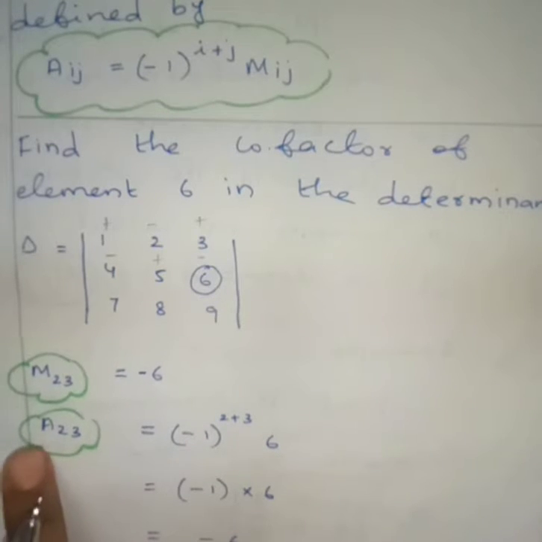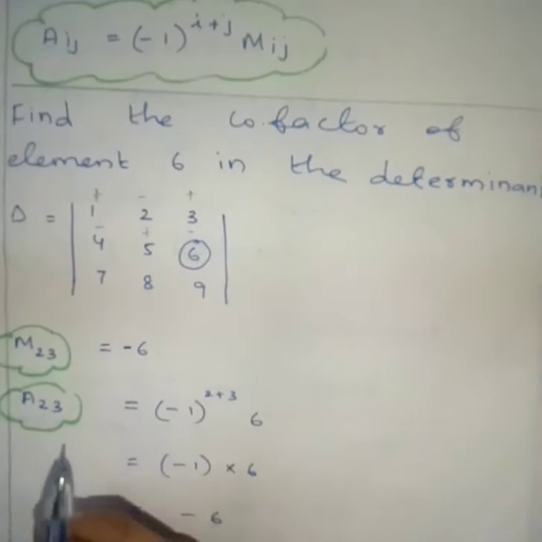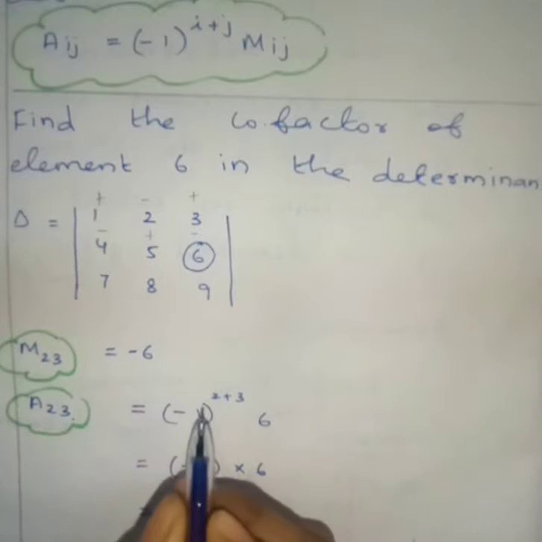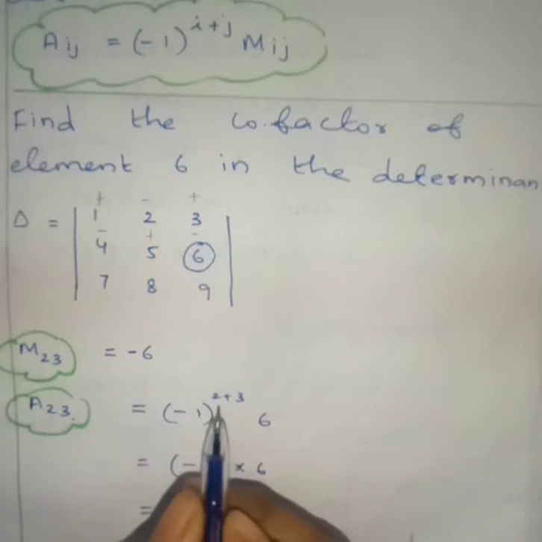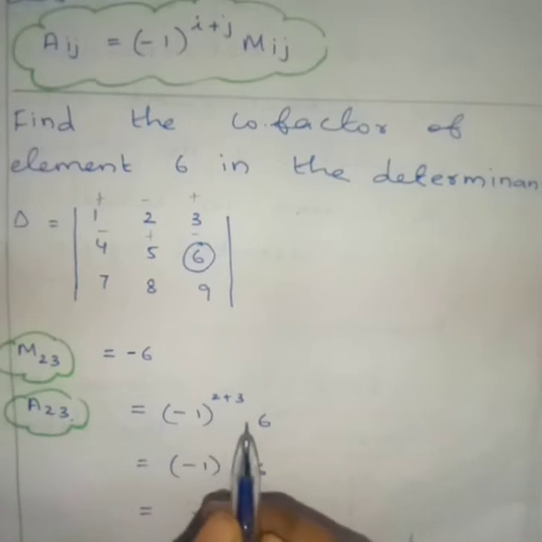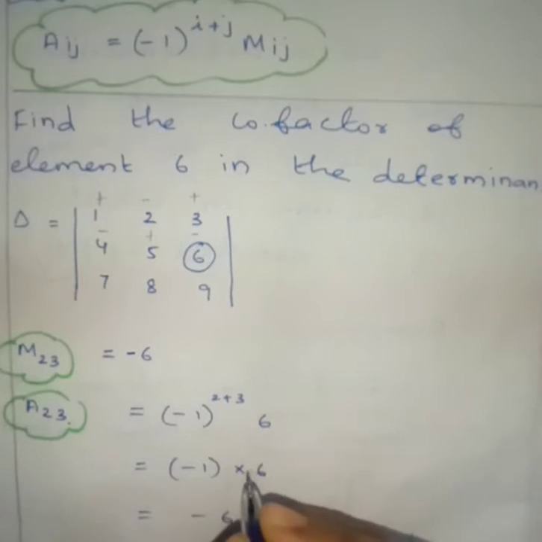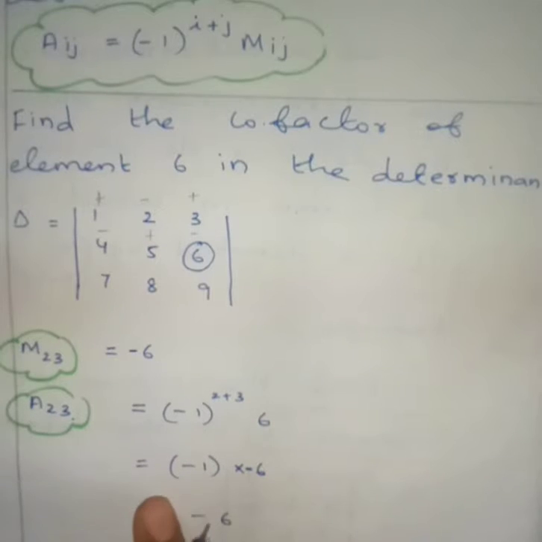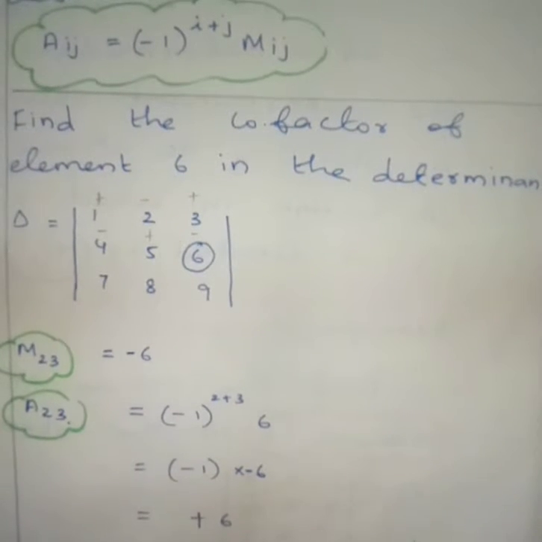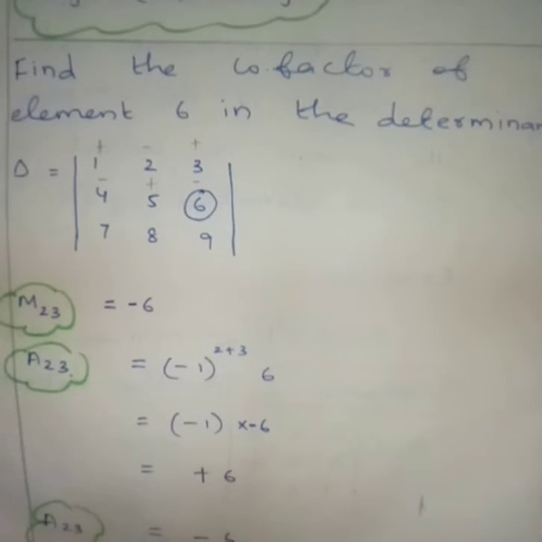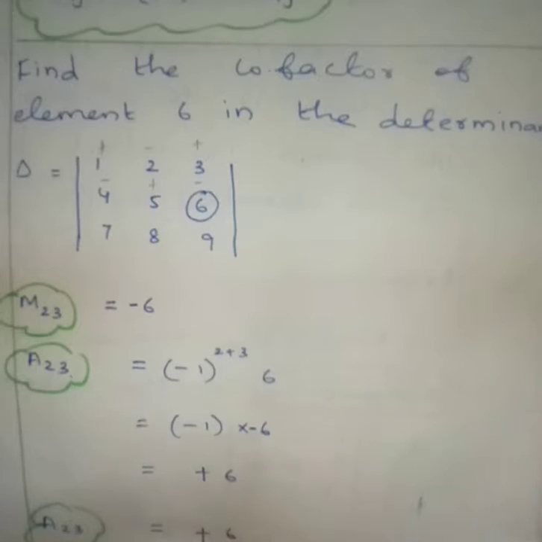So now A23 means 2, 3. 2 plus 3 is an odd number, right? So odd number means what will happen? Minus 1 into minus 6. Minus 1 into minus 6 will become plus 6. So the cofactor will become plus 6.